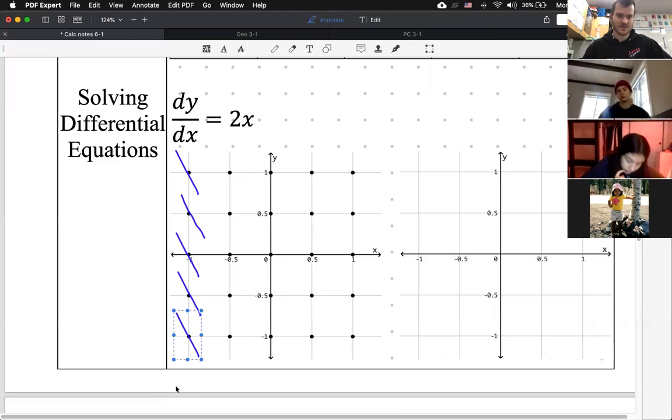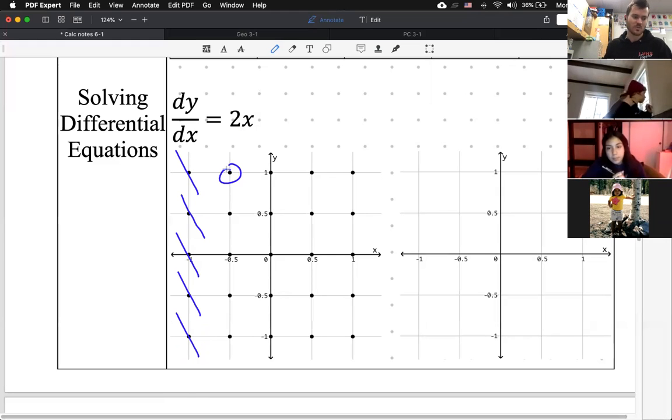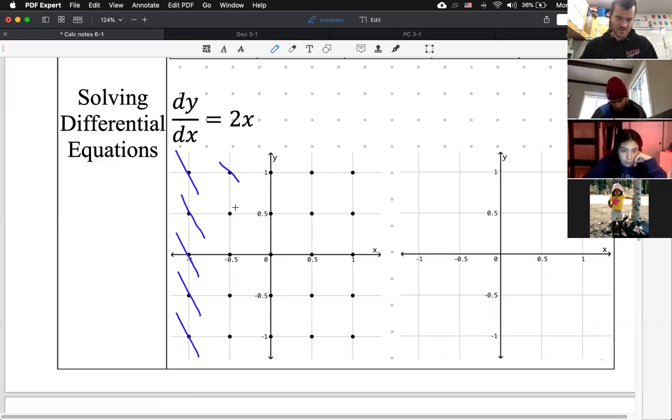Perfect. All right, Teflon, you're up. This point at -0.5, 1. What is the slope at that point? -1, yep. And still on you, Teflon, what is the slope at -0.5, 0.5, this next point?